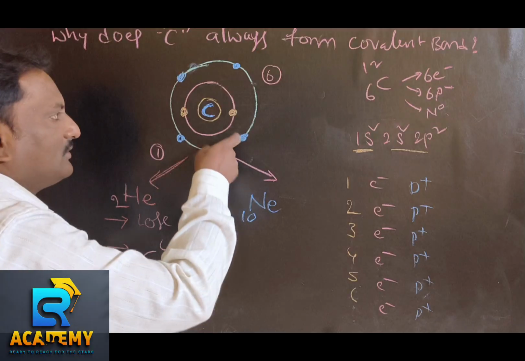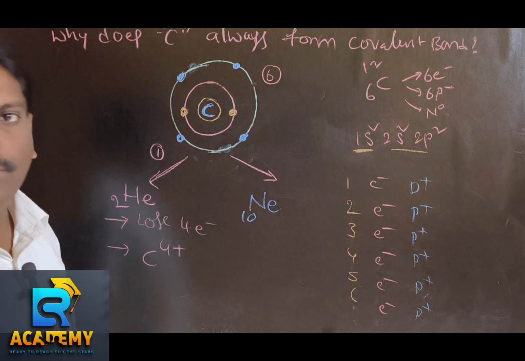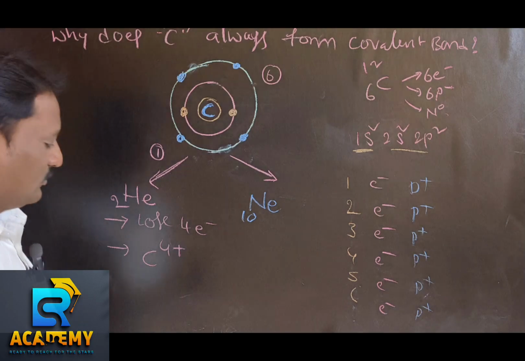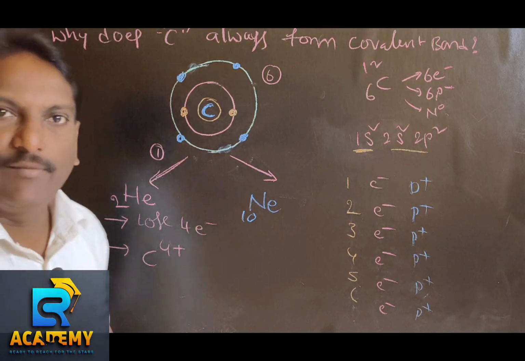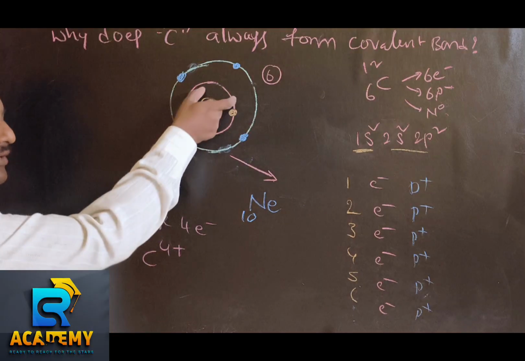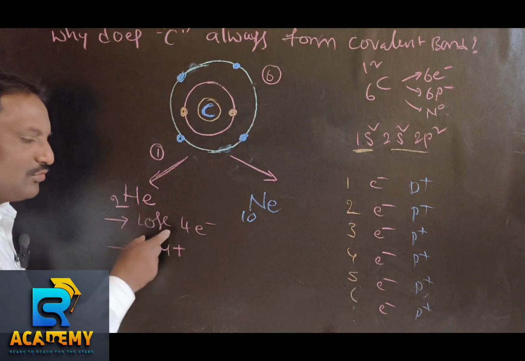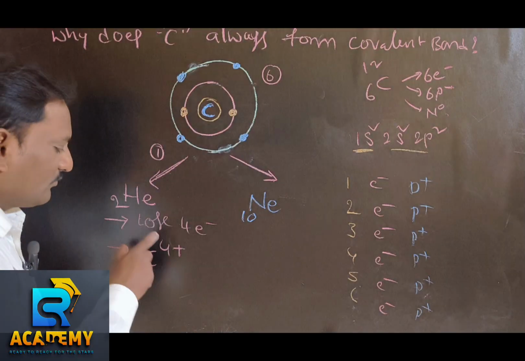If you remove these 4 electrons, then only 2 electrons remain in the carbon atom, which leads to the helium configuration. Listen carefully. So if carbon wants to attain the helium configuration, it should lose 4 electrons.